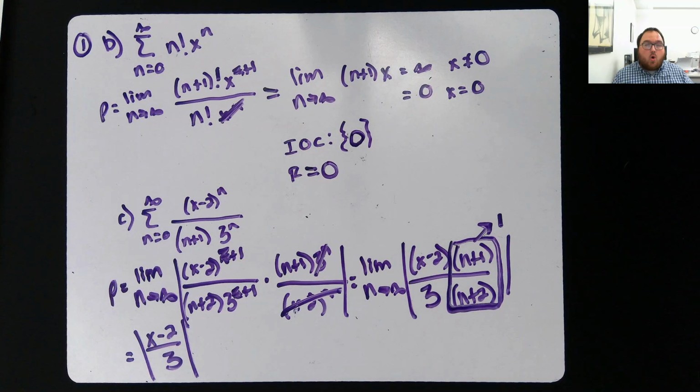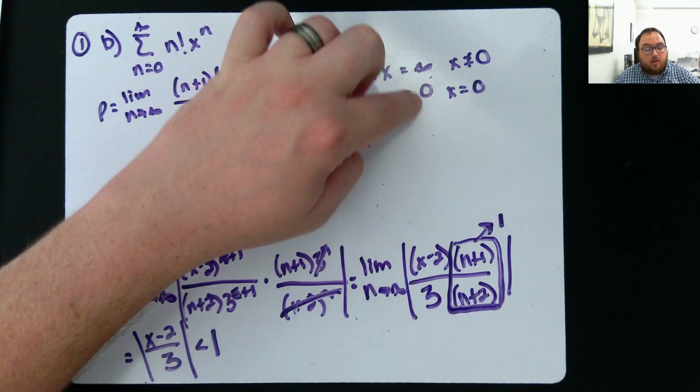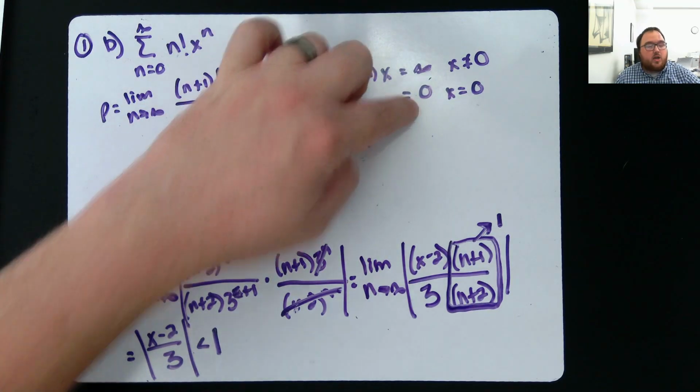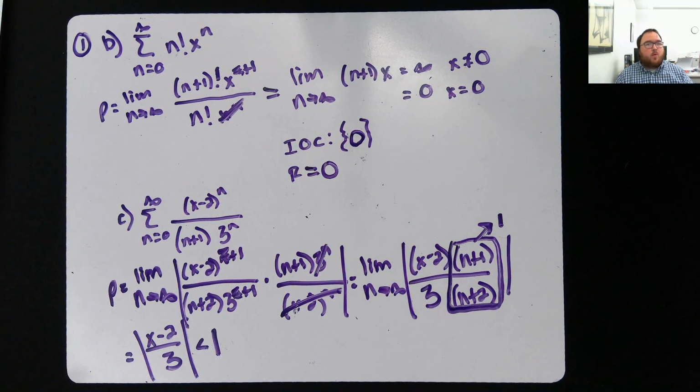Remember, the whole idea is I want rho to be less than 1. So what I'm going to do is set this to be less than 1 and solve it for x. That's going to tell me what values of x this will work for. Again, the reason I haven't had to before this is because I just got a value. I got 0 here. I got 0 on example A, I'm pretty sure.